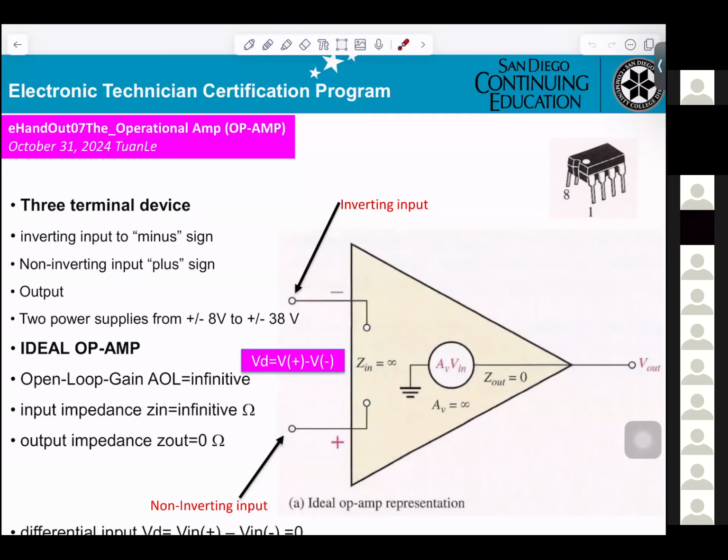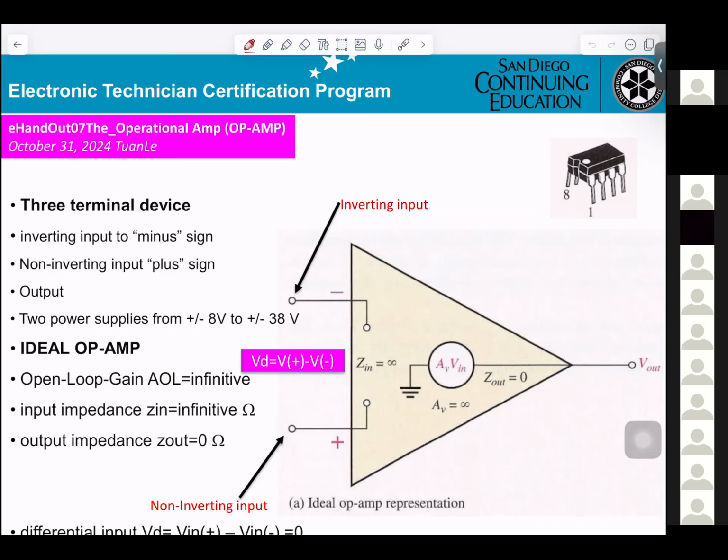Normally they use plus 10 and minus 10 volt or plus 15 and minus 15 volt. For an ideal op amp, the open loop gain AOL will be infinity. That means the open loop gain equals infinity.